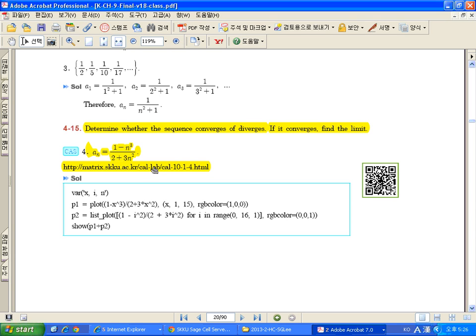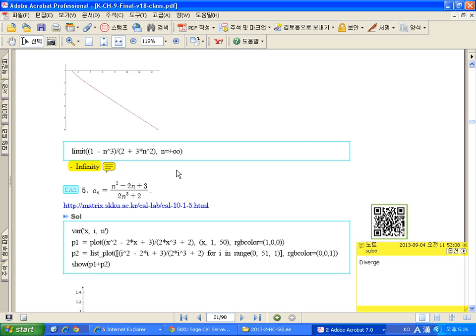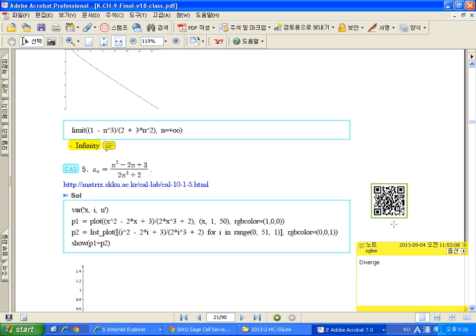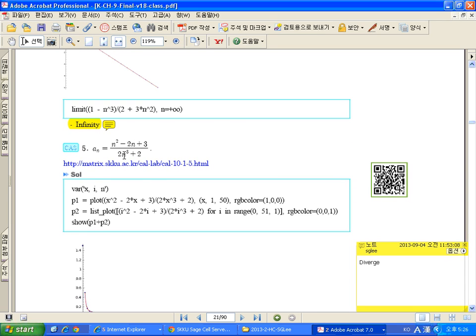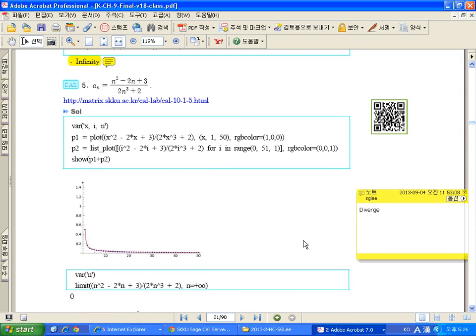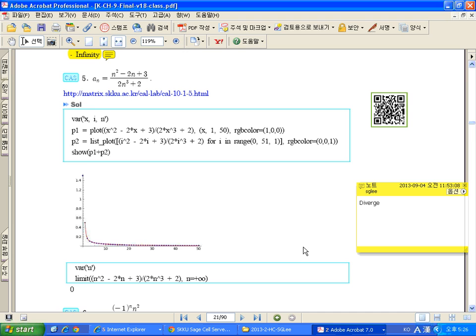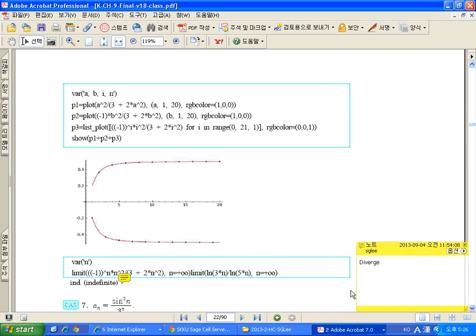Most of the problems have solutions and also a website and QR code here. So all you have to do is just go through it, change the function, play with it, and upload it to make your homework and the presentation later.